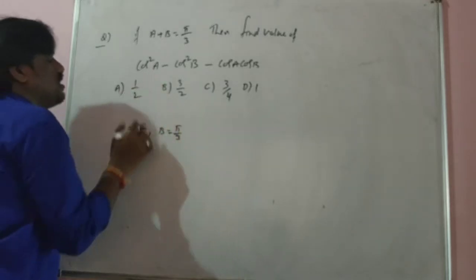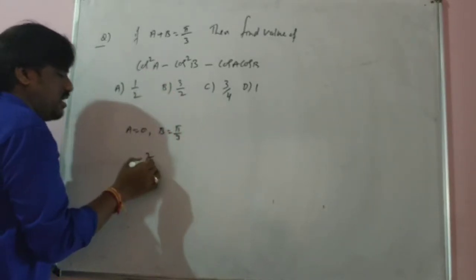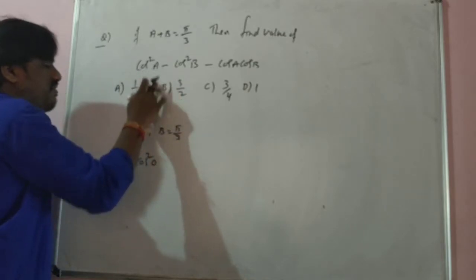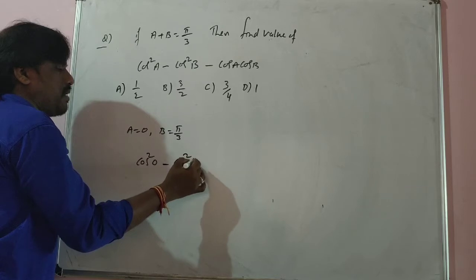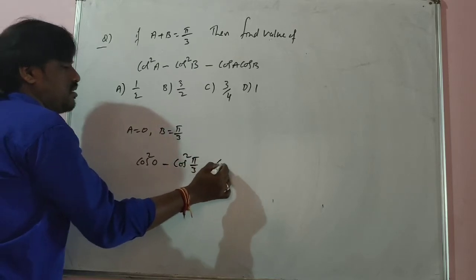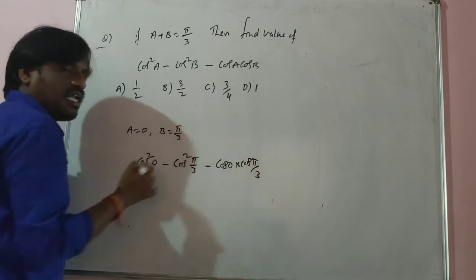So this value becomes cos square 0 degrees, a value 0, b value pi by 3, minus cos square pi by 3 minus cos 0 degrees into cos pi by 3. That is the required answer.